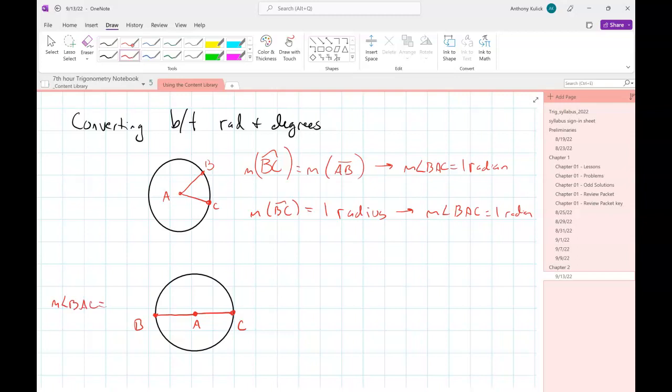What's the measure of BAC in degrees? 180. Great. How'd you know that? It's a straight line, which has 180 degrees, or you could know that it's half the circle and a circle has 360. Yep. Either one is okay.